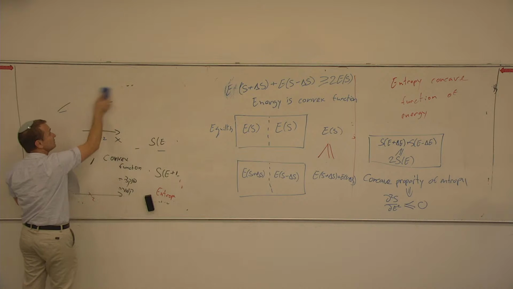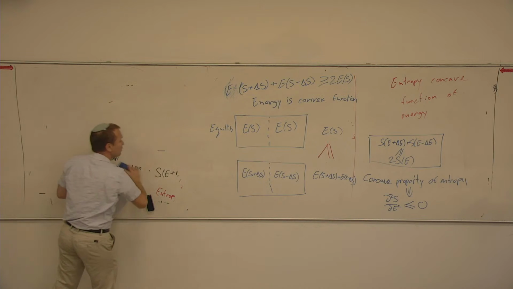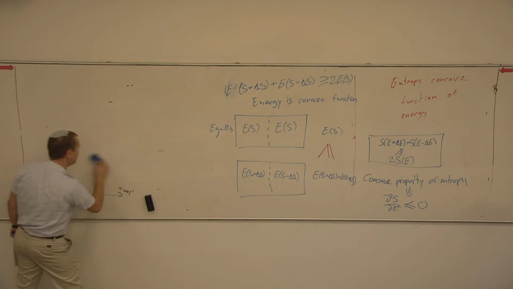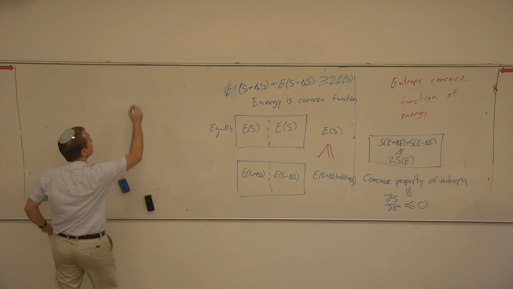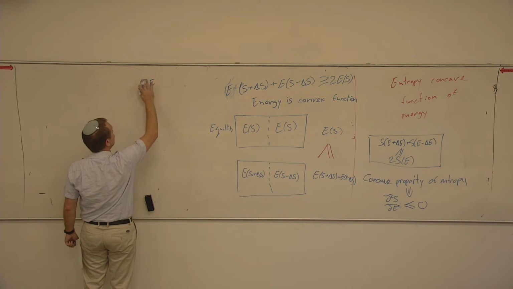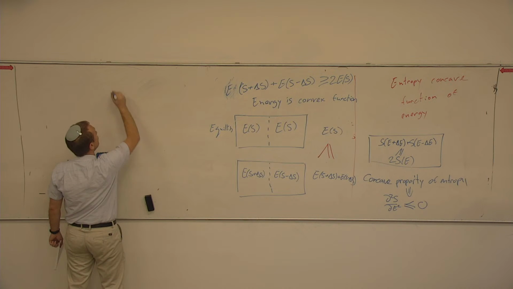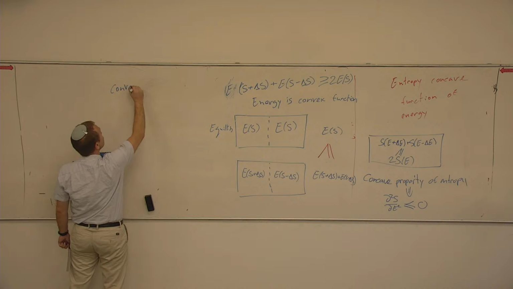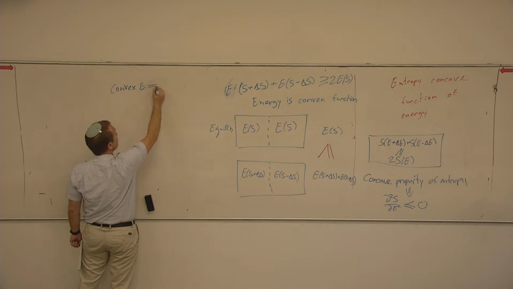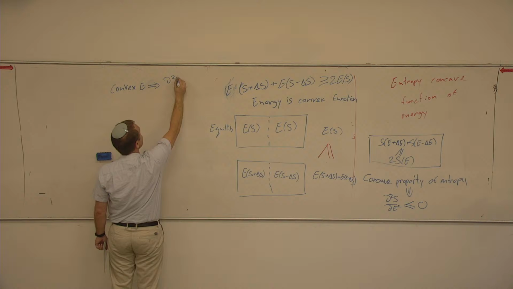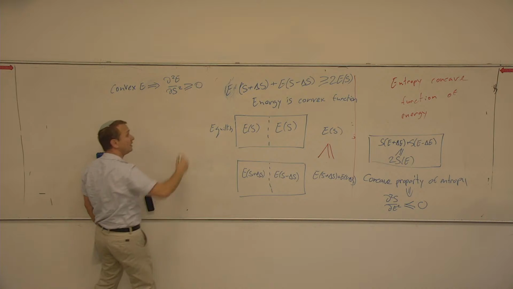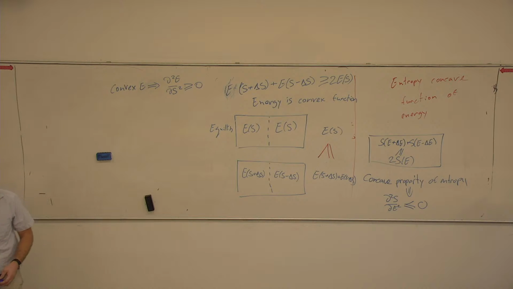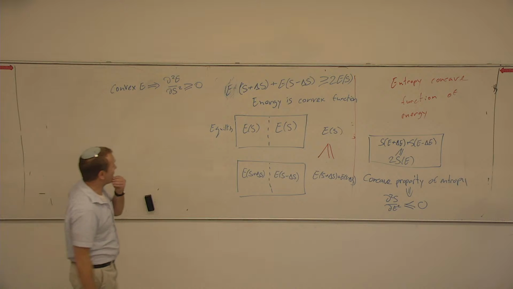That the second derivative of the energy with respect to entropy is going to be positive. Convex E means d squared E over dS squared is greater or equal to 0. Okay.